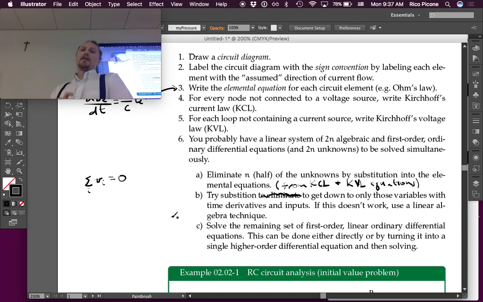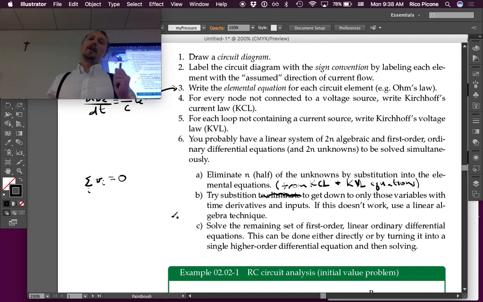Okay, but once you get it down to a set of first order linear ordinary differential equations, no more algebraic equations, then solve the equations simultaneously. You can do it directly as a system of first order linear ordinary differential equations, which you probably saw in your differential equations class. What? That was freshman year. Oh yeah. Well, hopefully that's coming back for you.